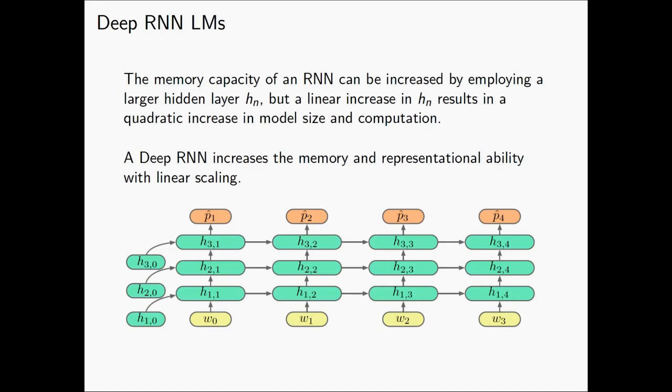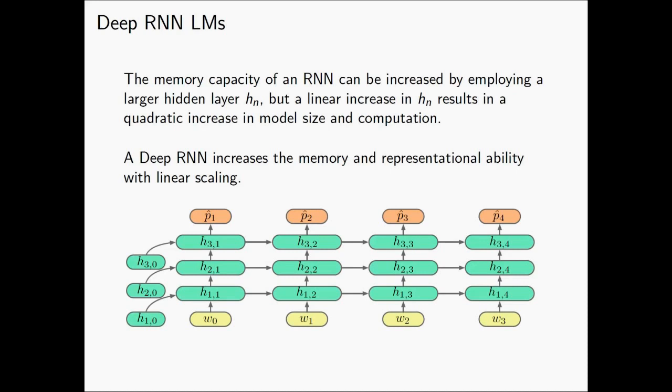Now, if you think of what this buys us, if we just have one layer of recurrent network and we want more memory, we can increase the hidden layer's size, but the size of the recurrent transformation increases quadratically, because of course it's the square of the size of the hidden layer. And that's bad, because as you go from, say, 1,000 units to 10,000 units, you're going to go from 1 million parameters to 100 million parameters. And so that's not ideal growth. So that's going to get computationally heavy and take up lots of your GPU's memory quite quickly.